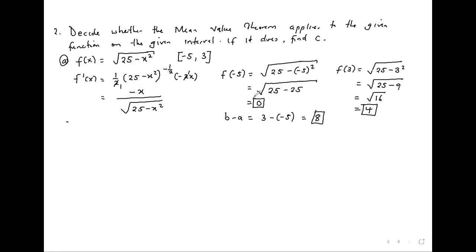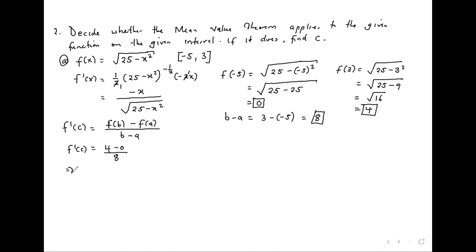So f prime of c is then equal to f of b, which is 4, minus f of a, over b minus a. That means that f prime of c is equal to 4 minus 0 over 8.